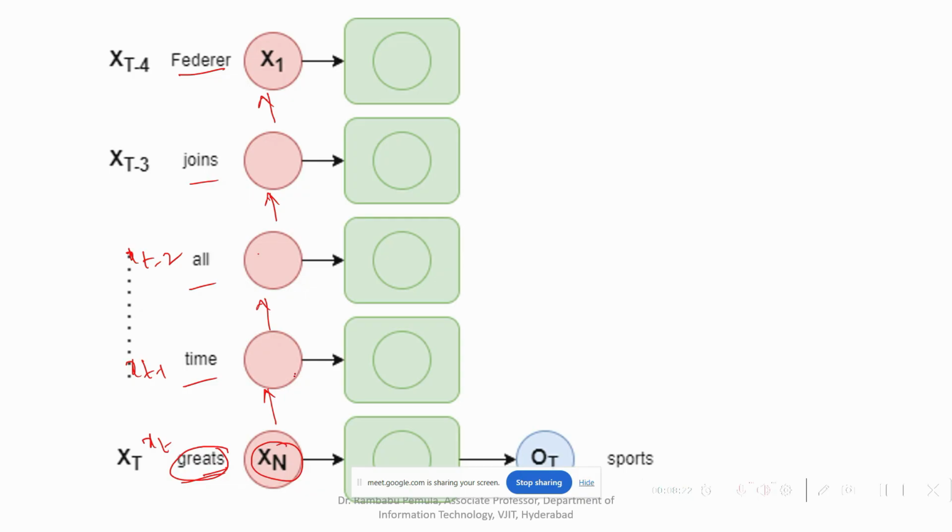That means the present node output depends on the previous node inputs also. So we read the first node input and perform the output here, and whatever the output is, it is carried forward to the next layer as input. Based on the present node input and previous node output, we generate the new output.